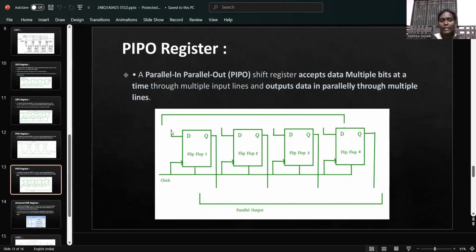Hence, it takes the parallel inputs. We connected the D inputs like this, and in each stage it gives parallel outputs as well. Hence, in each flip-flop we get every output. The upper side is all the parallel inputs, and the lower side is the parallel outputs.